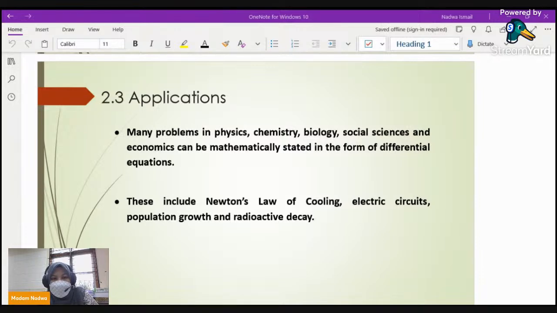So untuk tahap awak di matrix ni, awak hanya belajar first order differential equation. Maksudnya kita tak jumpa yang d squared y over dx squared. Kita tak jumpa dy dx kuasa 2 tu, kita tak jumpa. So yang awak jumpa hanyalah first order differential equation yang kuasa dia 1 sahaja.